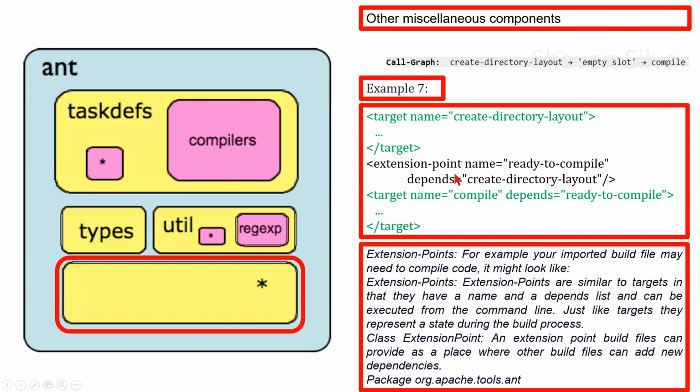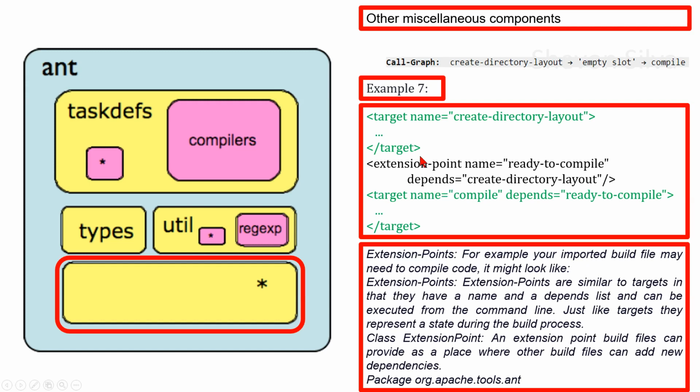Their main purpose is to collect targets that contribute to the desired state of their depends list. Targets can add themselves to an extension point's depends list via their extensionOf attributes.